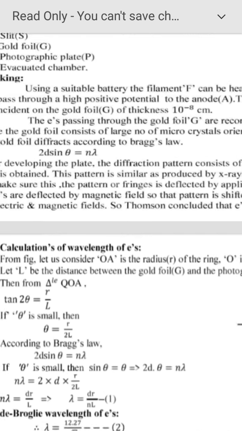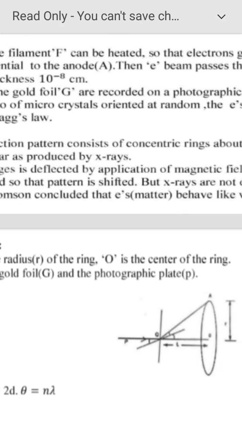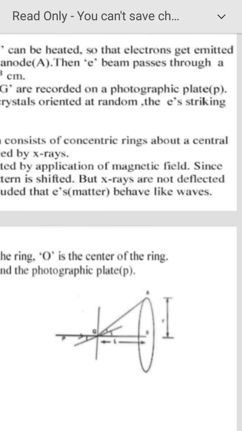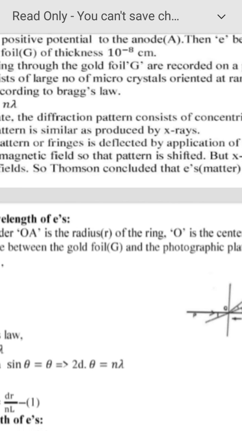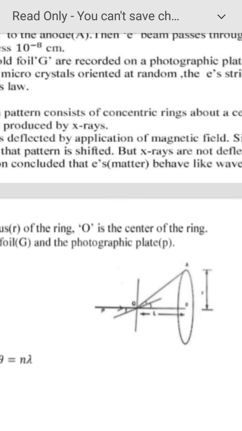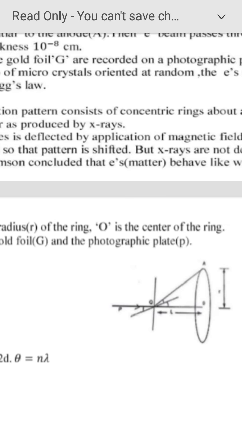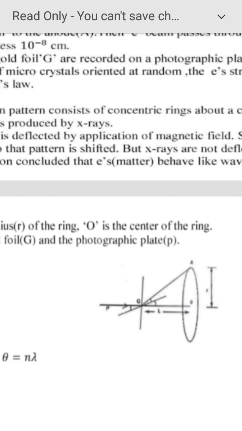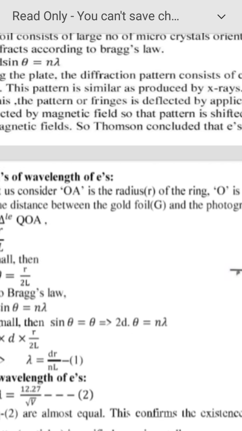Coming to the calculation of the wavelength of the electrons, let us consider from the diffraction pattern obtained that OA is the radius r of the diffraction ring which is obtained on the photographic plate.